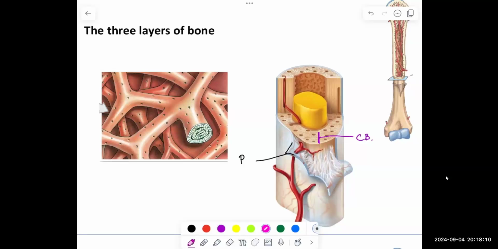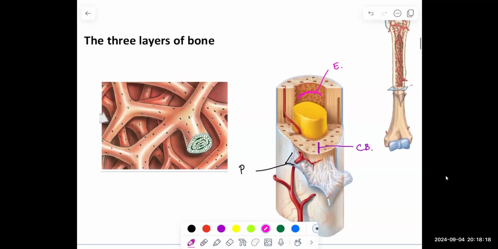And the most inner layer here? Endosteum. Inside the medullary canal, you have bone marrow. So the bone marrow fills up all of that space in there. What type of bone marrow? What color is that? Yellow.